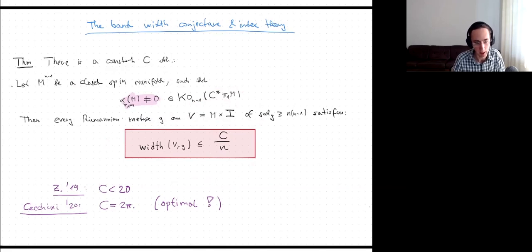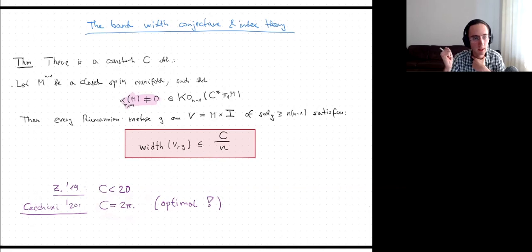When I proved this last year, I obtained a constant that was slightly below 20. And recently, a couple of months ago, Simone Cecchini greatly improved this and showed that this method can actually give a constant equal to 2 pi, which is, as discussed earlier, the optimal constant one can hope for.